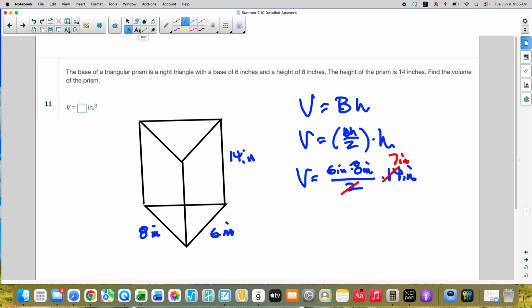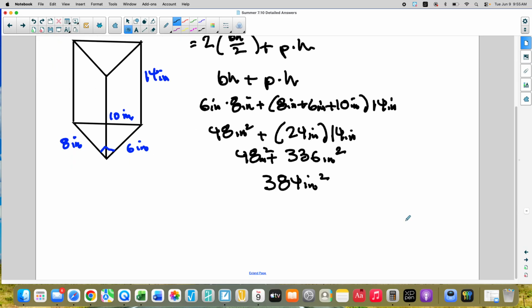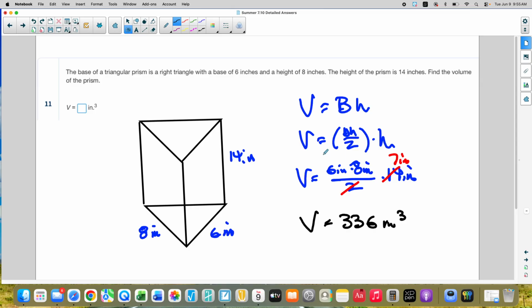And 48 times 7 gives me 336. Volume equals 336 inches cubed. So that's kind of interesting that we get the same volume as, oh no, we had 384. Sorry, I thought 336 was 336 there plus the 48. Yeah, so 336 inches cubed.